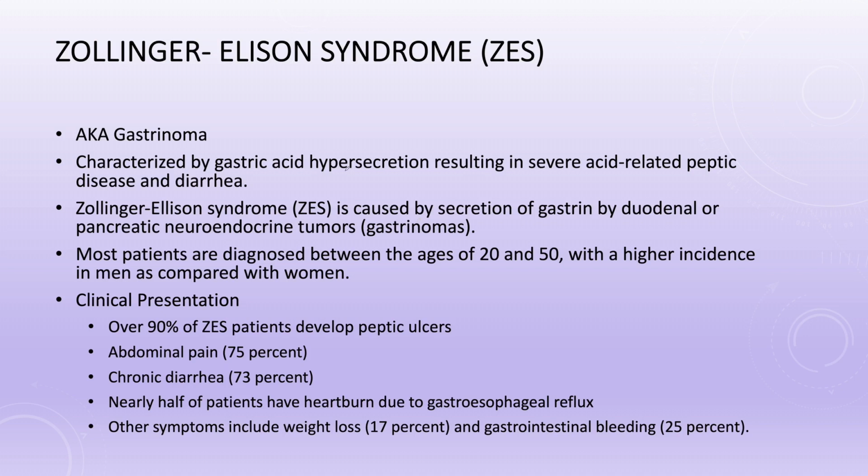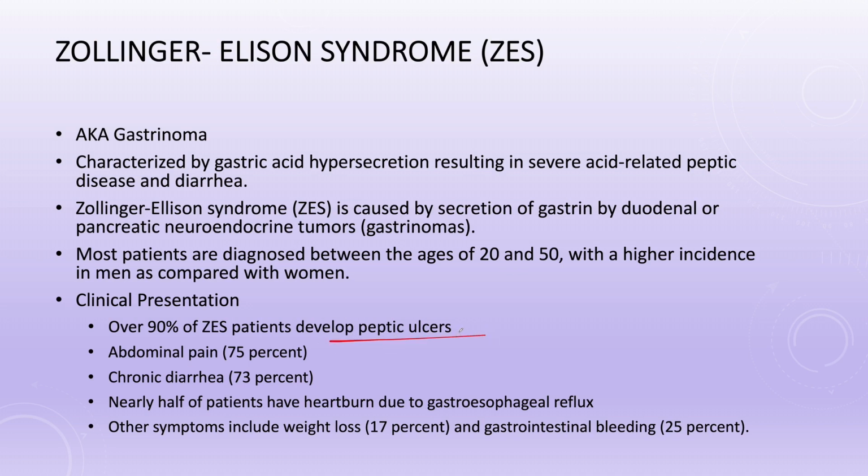Usually they get acid hypersecretion, and they get peptic disease, and they get steatorrhea, or malabsorption. They usually develop between the ages of 20 and 50, more common in men than women. These patients develop recurrent and refractory peptic ulcers.